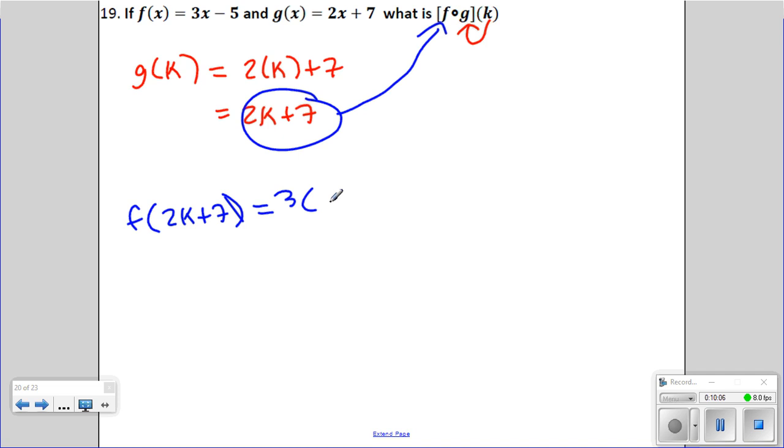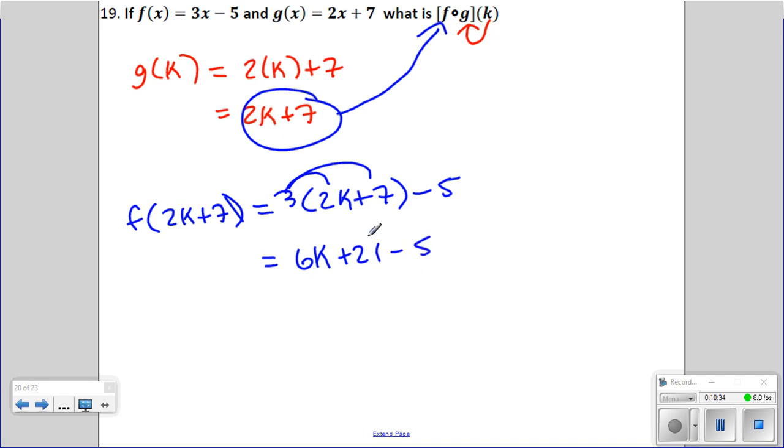So that's 3 times 2k plus 7, and then minus 5. Again, parentheses are your friend whenever you're substituting or replacing things in equations, folks, to prevent mistakes. So that means I got to distribute 3 to 2k and get 6k. I got to distribute 3 to 7 and get 21. Bring down the minus 5.